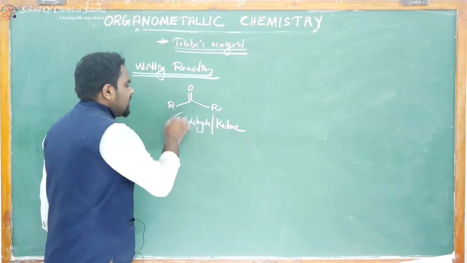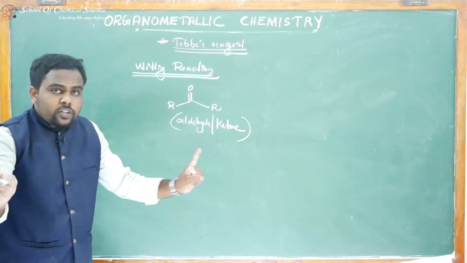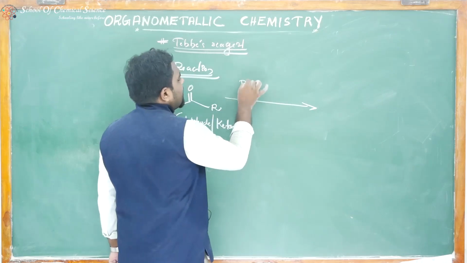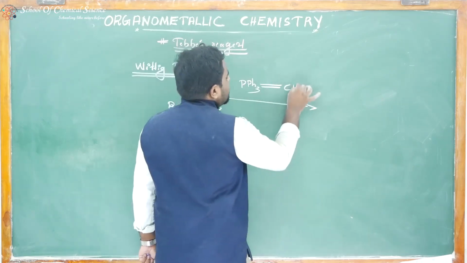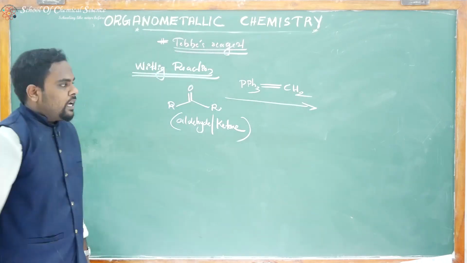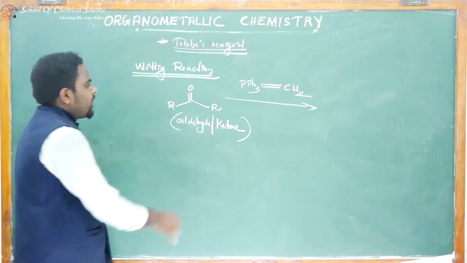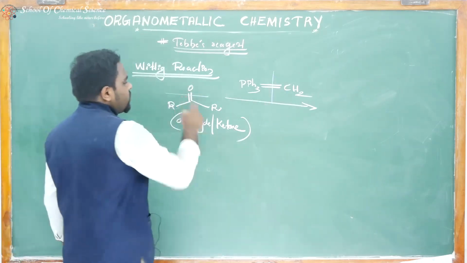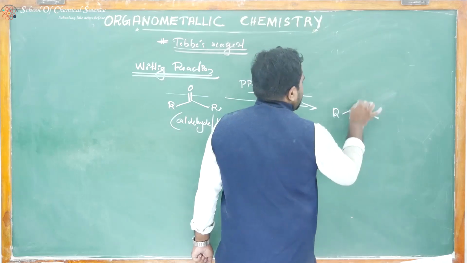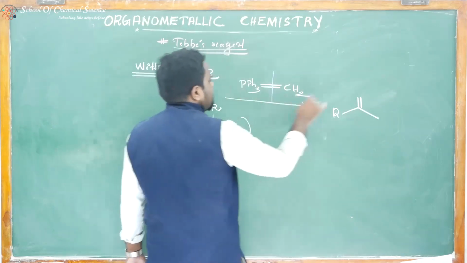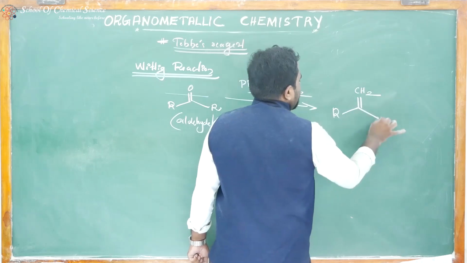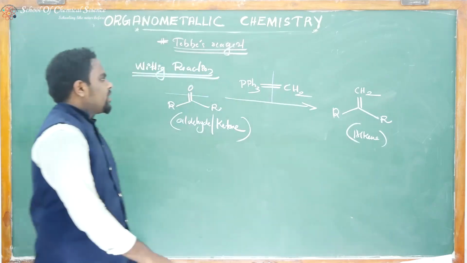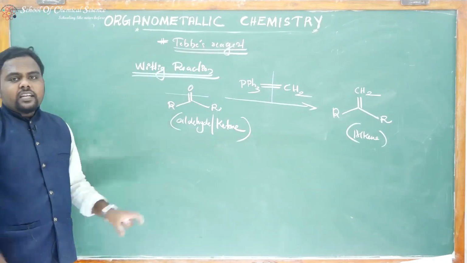When R is equal to hydrogen, it is an aldehyde. So an aldehyde or ketone, only aldehyde or ketone, on reaction with the phosphonium ylide, PPh3=CH2. How can we write the product? Cut and paste. This double bond is cut, then paste it here, R=CH2. So an alkene will be your product. This is called the Wittig reaction.